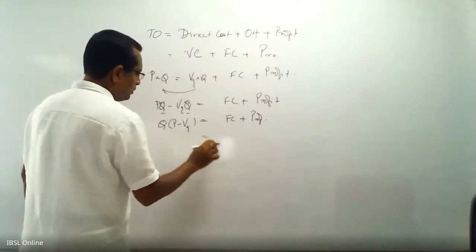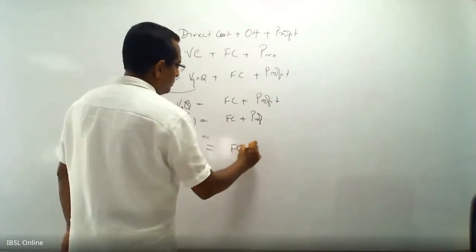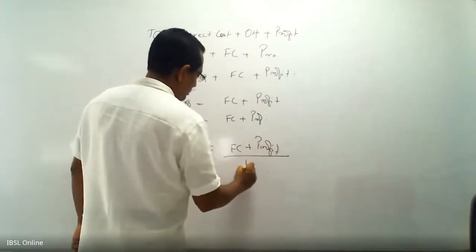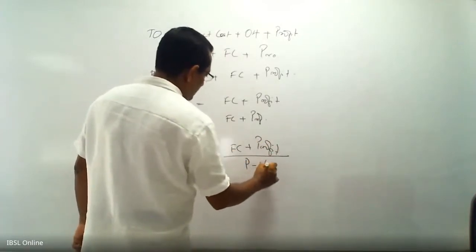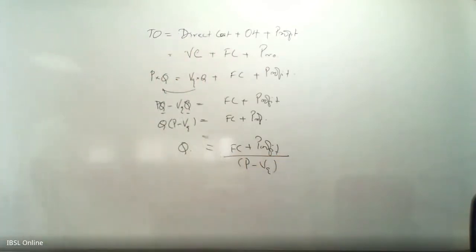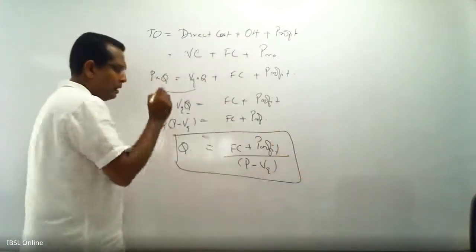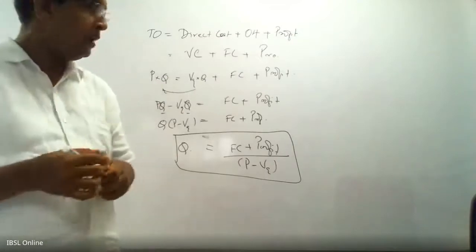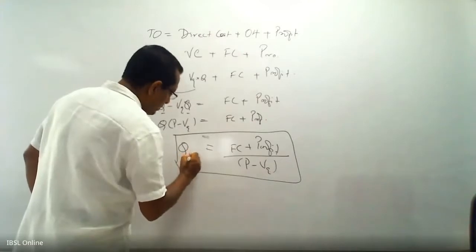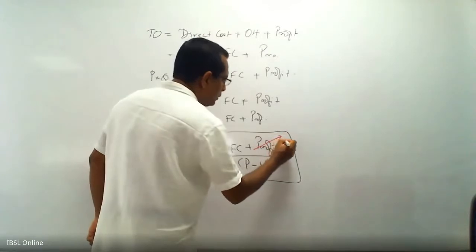So quantity equals fixed cost plus profit divided by price minus variable cost per unit, VCQ. Right? So this is the quantity formula. If you want to find the break-even quantity, profit is equal to 0.